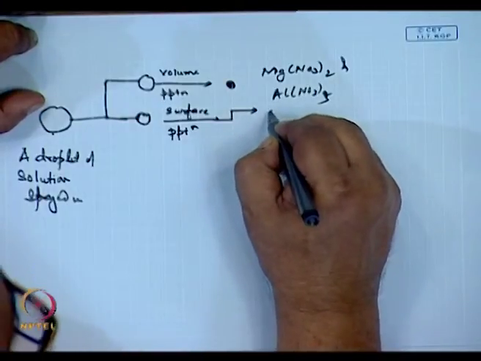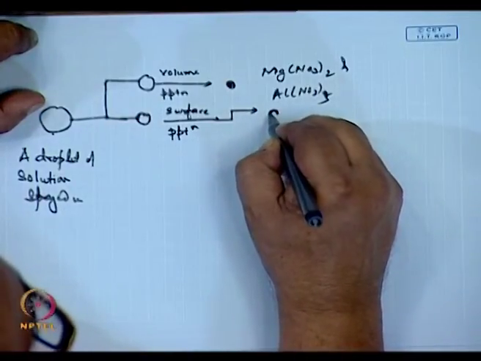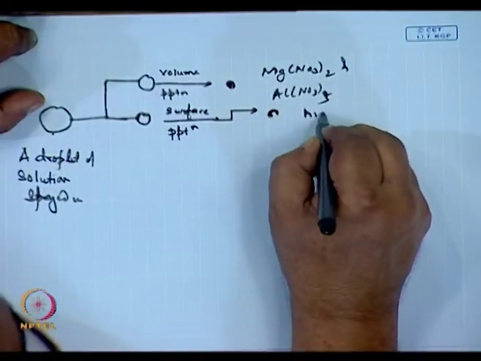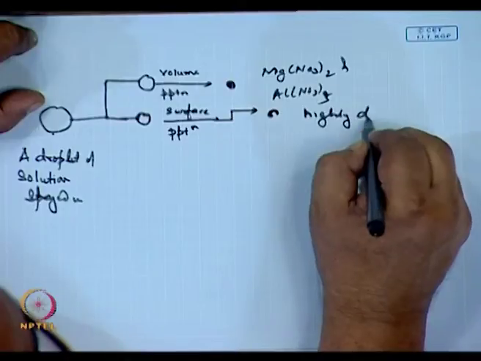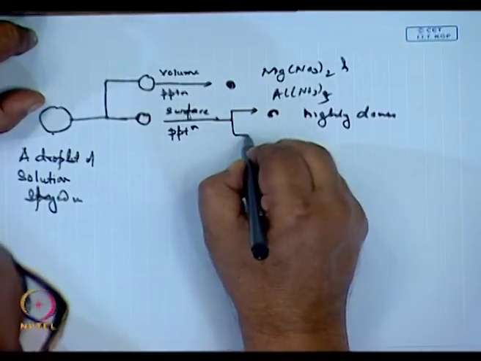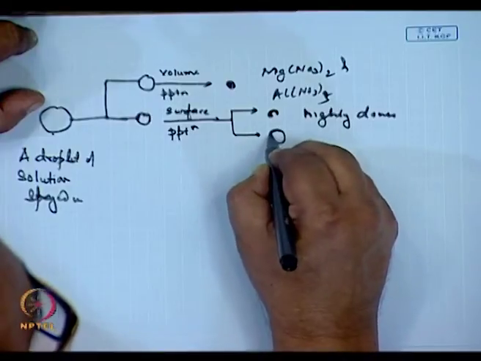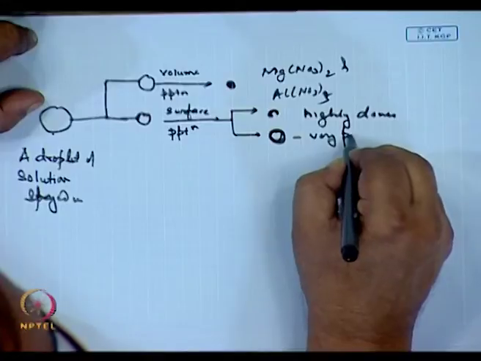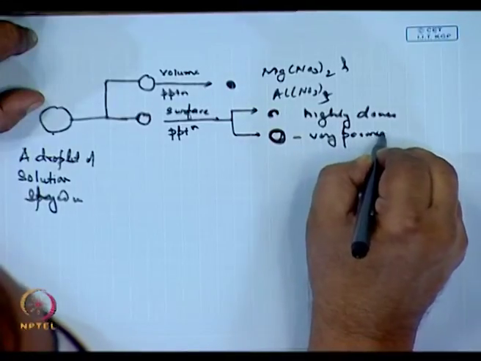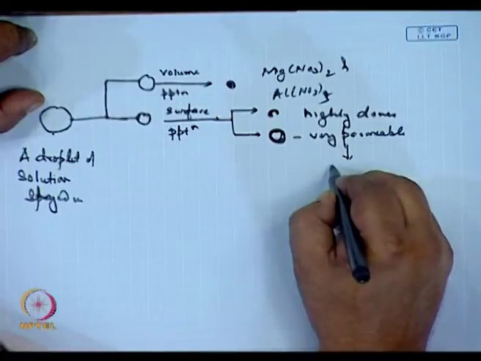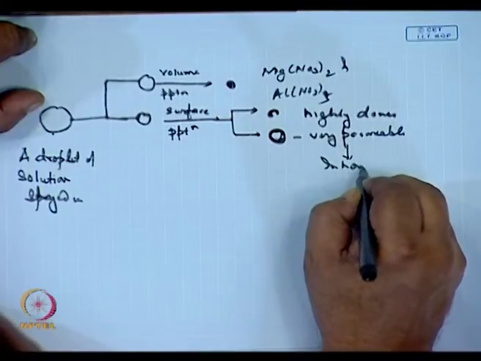One is this type of product, highly dense, or this sort of product which is very permeable and possibly inhomogeneously mixed.